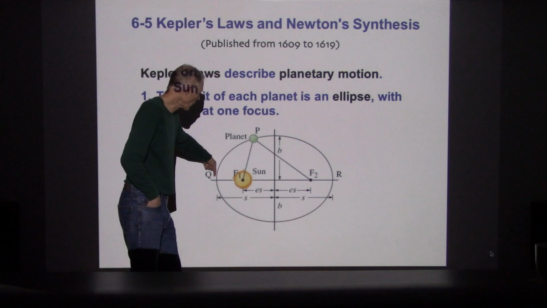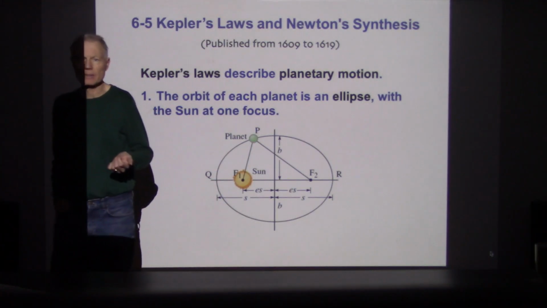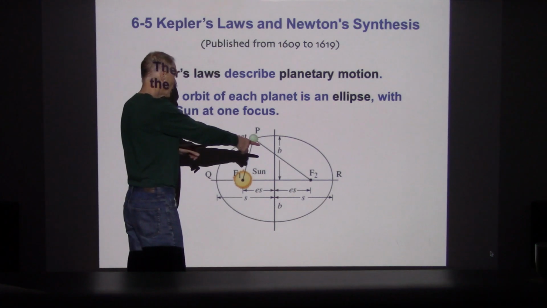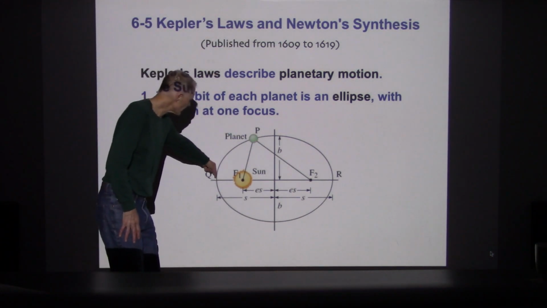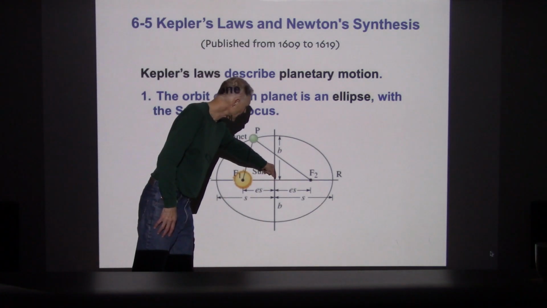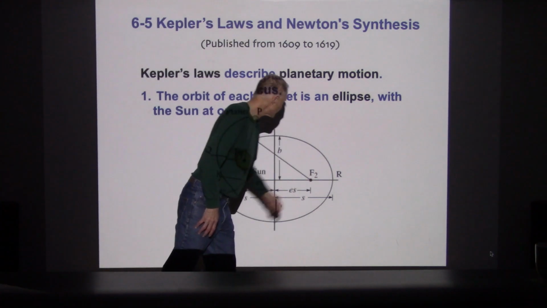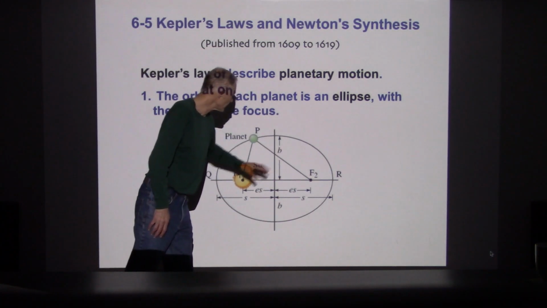The longer axis, they're going to divide up into distances of s. Those are called the major axis, from Q to R, and a semi-major axis is the distance s. So s from the center out to this point, s from the center out to this point. And then there's a shorter axis, and we're going to call that distance b.